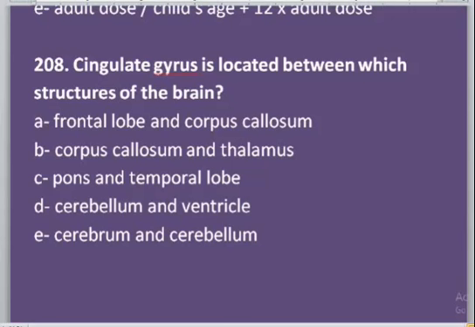So options are given: frontal lobe and corpus callosum, thalamus and pons, temporal lobe and cerebellum, ventricle, cerebrum and cerebellum. So actually it is the frontal lobe and corpus callosum between which cingulate gyrus is located.